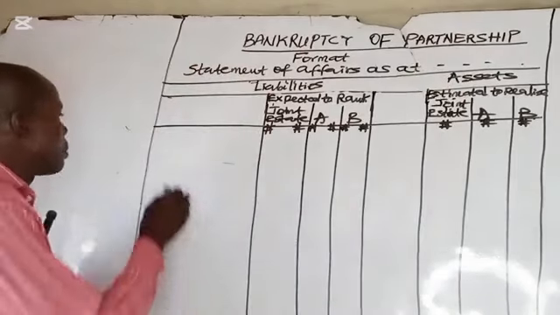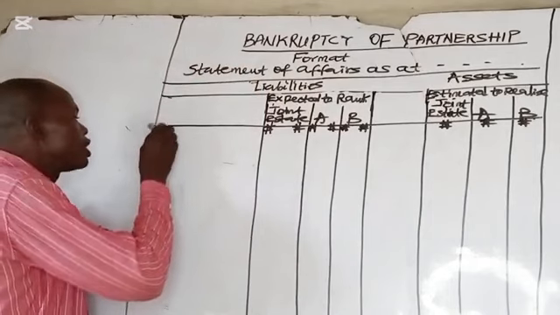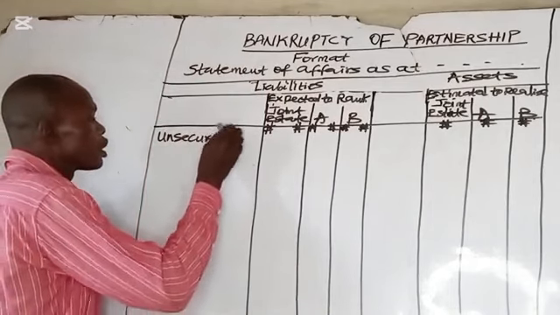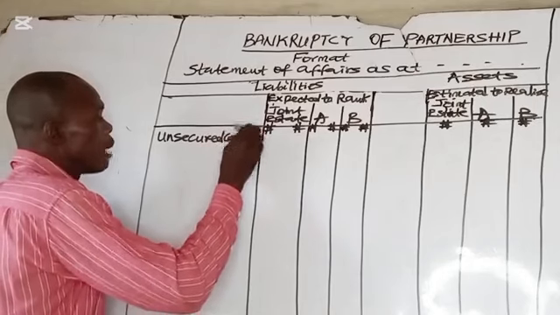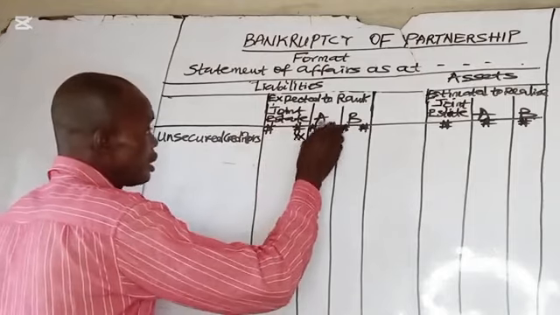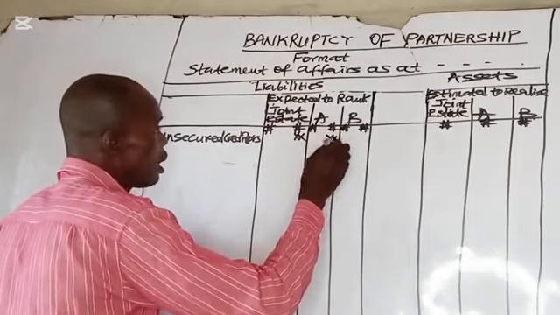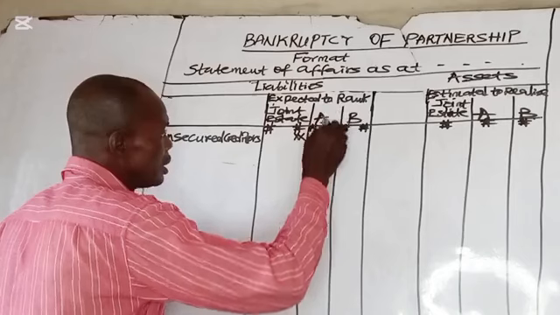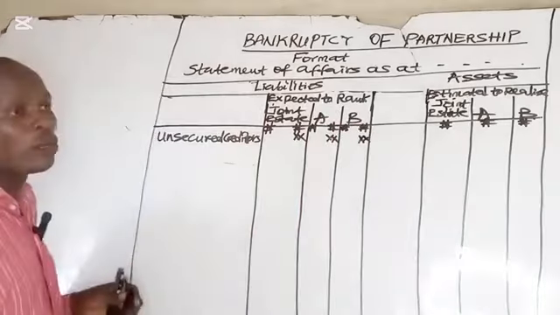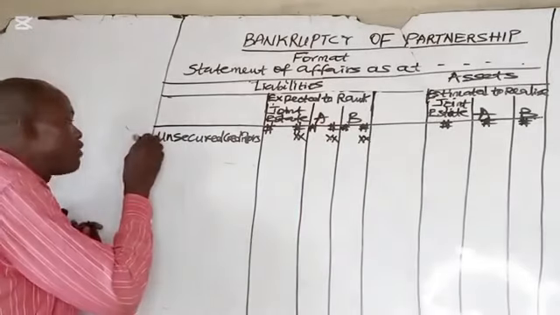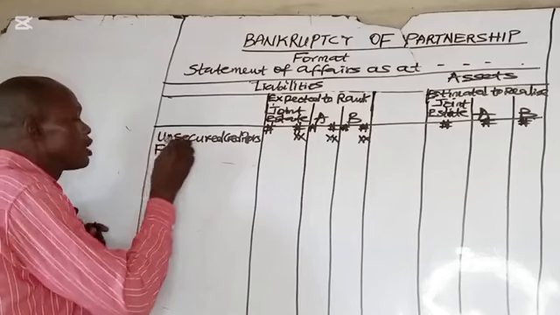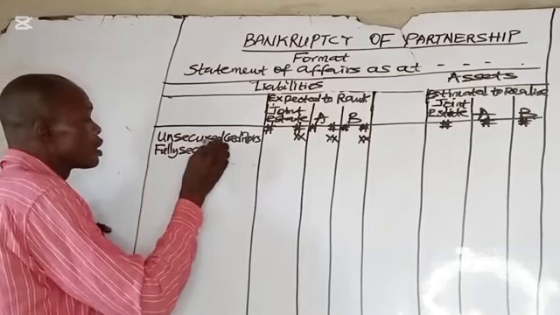So the first liability will be unsecured creditors. Amount expected to rank under the second naira. If A has unsecured creditor, you put it in A column, then same for B. After unsecured creditors, we have fully secured creditors.